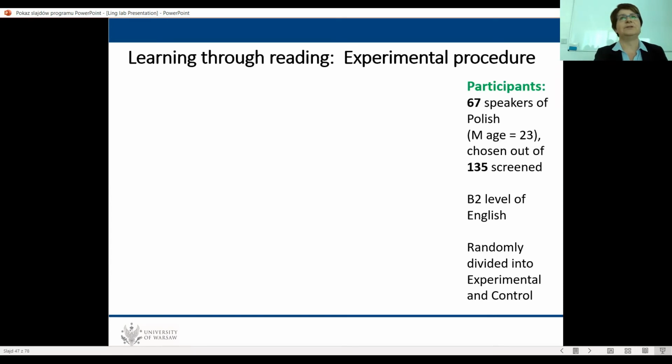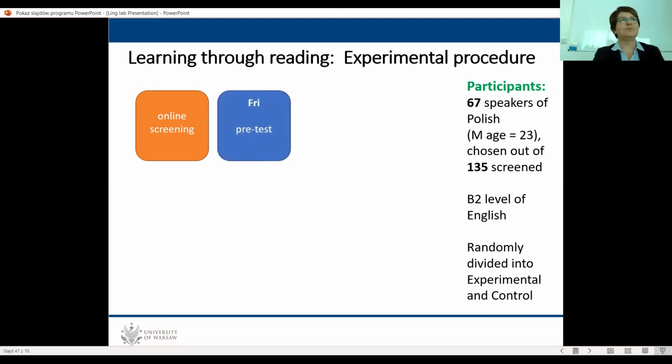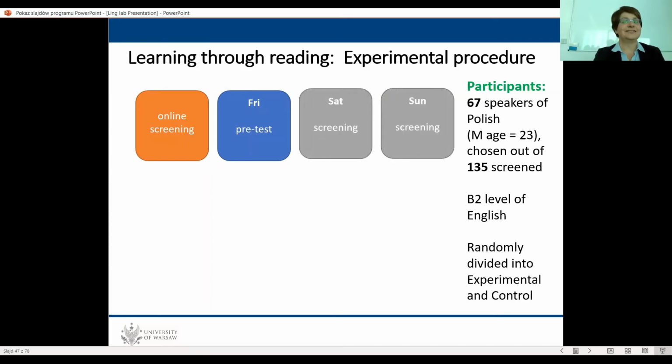Let me just tell you a little bit more about the whole procedure. First we had the online screening to sieve out, let's say, Ukrainians who wanted to take part, because we wanted Polish participants. We also wanted to sieve out those at lower levels, those at higher levels, and so on. So they did some initial testing. Importantly, they always came to the lab on Friday. They did the pre-test on Friday, so that we had Saturday and Sunday for the screening.